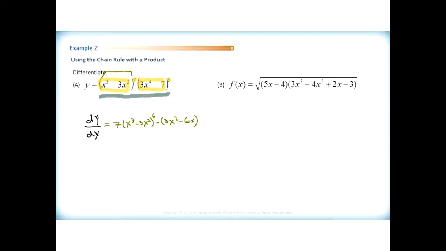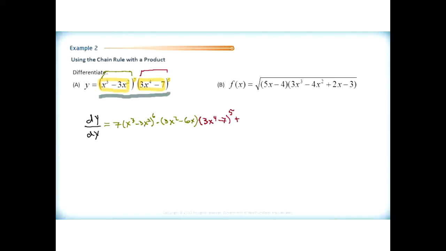So all that is just the derivative of the first part. And now I have to multiply that by the second part before I take its derivative. So the second part is this business over here. So I have the derivative of the first times the second, 3x to the power of 4 minus 7 raised to the power of 5. So I'm halfway through the product rule, which required a chain rule for the first part of it.